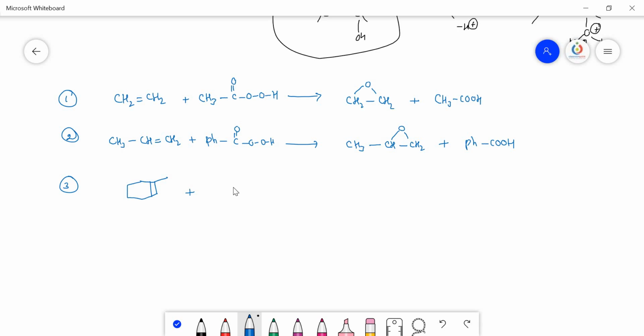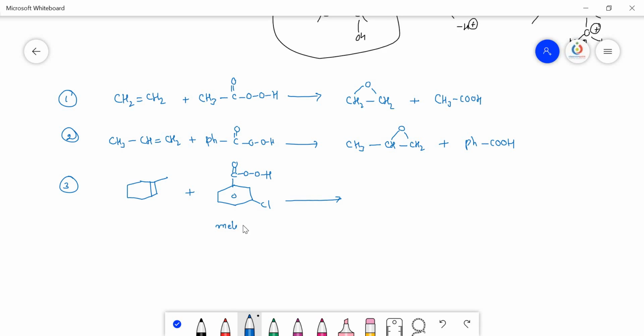We shall take the third example as this alkene molecule when subjected with this particular molecule. You may get confused if I use the molecule like this, because people are always in the habit of using MCPBA. This is MCPBA only.